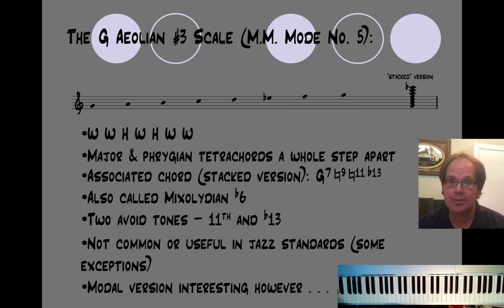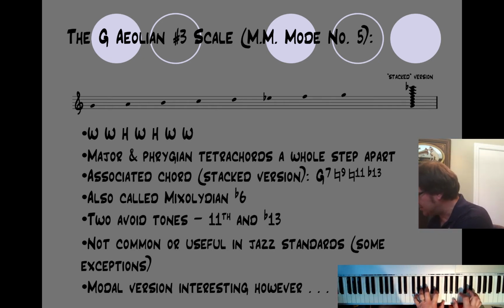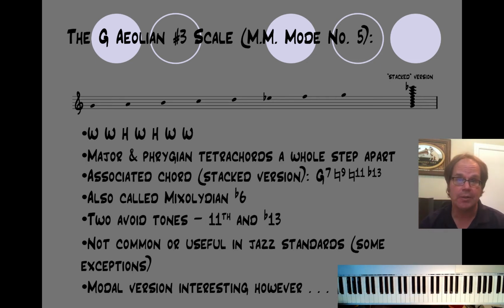To me, the basic chord here is a dominant chord. And so what we get is a G7, and then we get a natural 9, a natural 11, and a flatted 13. So, by definition, that 11th and that flatted 13 are both avoid tones in this one.